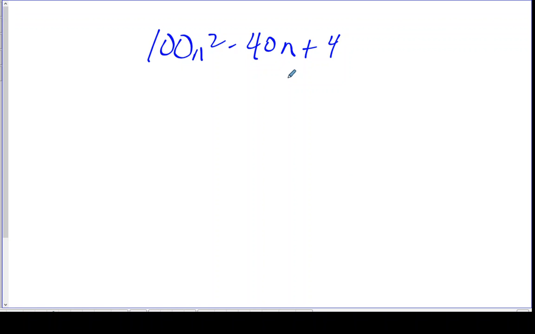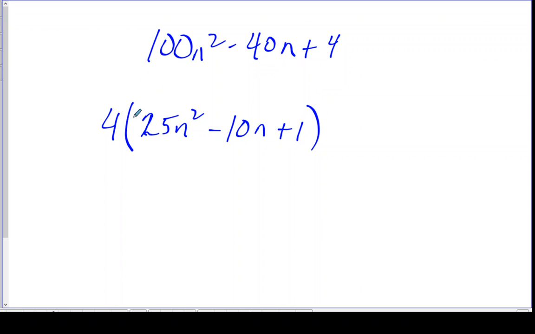Can you factor out a GCF from this? Don't these all have factors of 4? So you could first factor out 4, and that gives you 25n squared. Factor out 4 here, you get minus 10n, and then factor out 4 here, and you get 1. So by factoring out 4, you get this trinomial, 25n squared minus 10n plus 1.